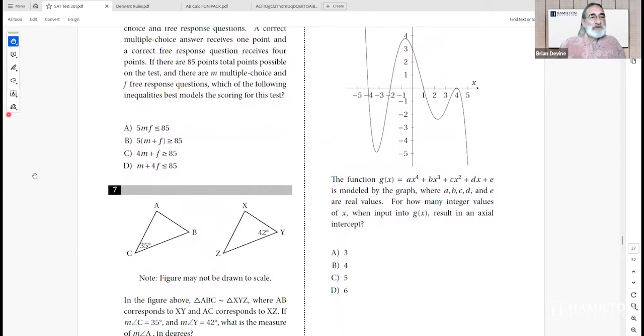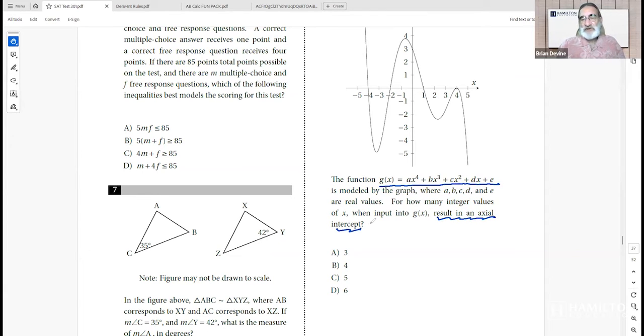Now, what the question tells us is that this function g of x is graphed above, and it's of this form, a 4th degree polynomial. And A, B, C, D, and E are real numbers. For how many integer values of x, when I put it in for x and g of x, will result in an axial intercept?